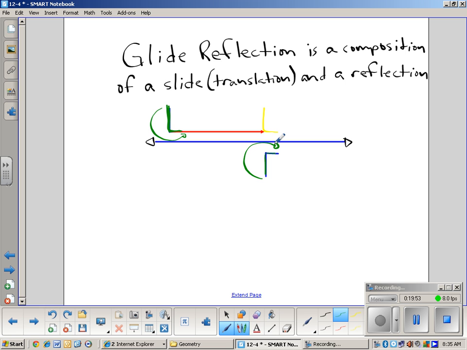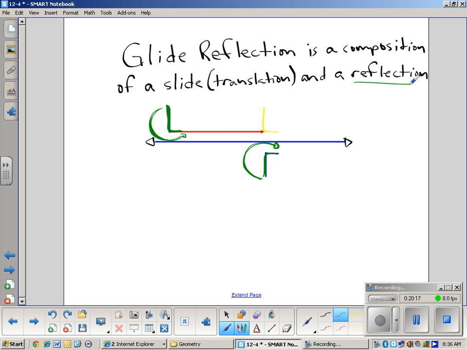They're different. As I read this L from the top down and over to the end of the foot, I go counterclockwise, and as I do the same on this one, I'm going clockwise. So the orientations are different. And that's what that reflection does at the end of this slide. It reverses that orientation. Okay?